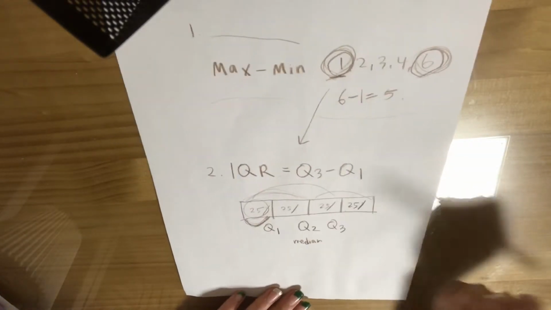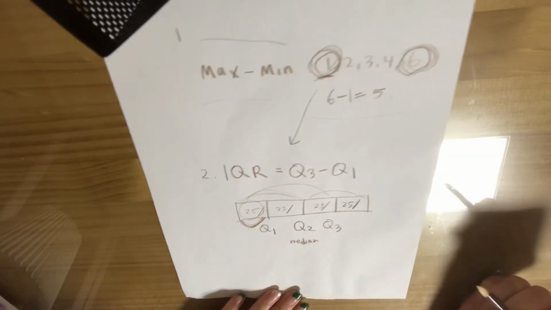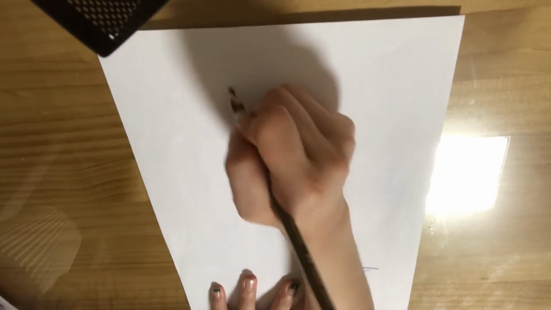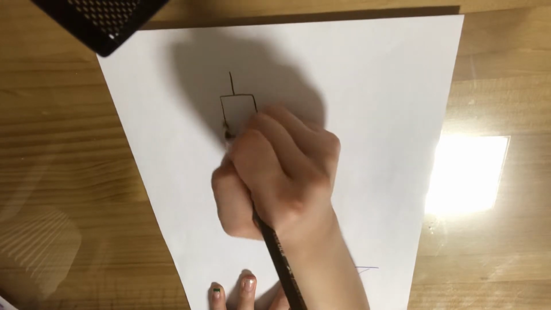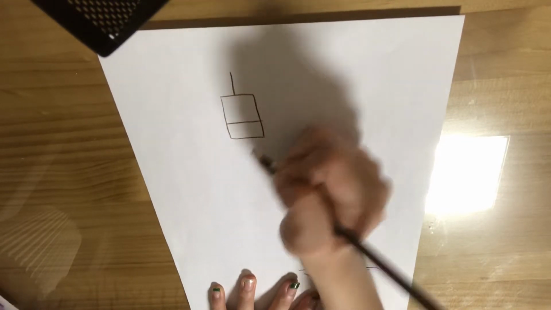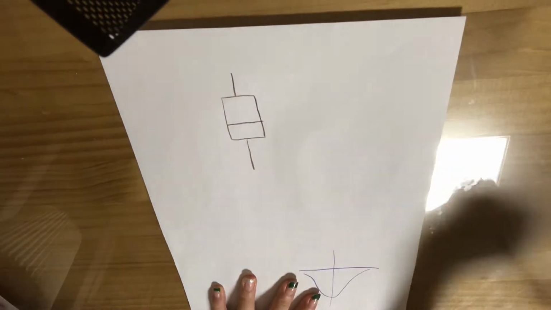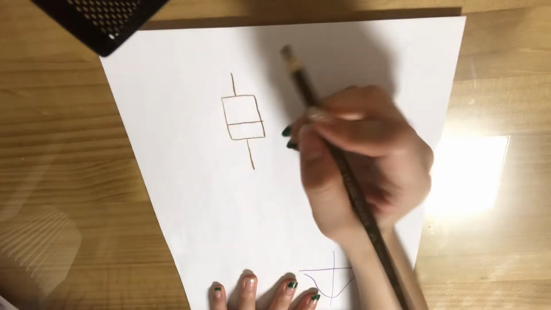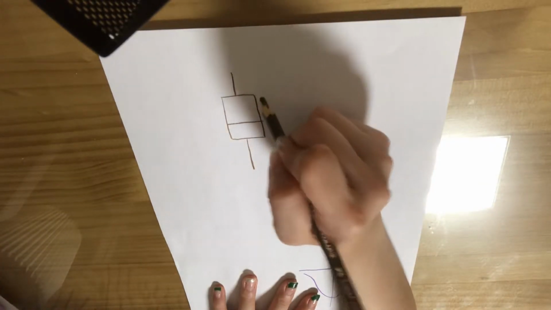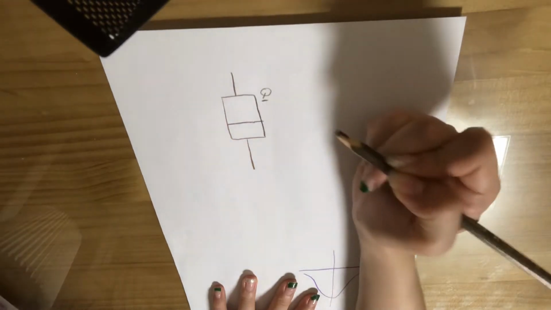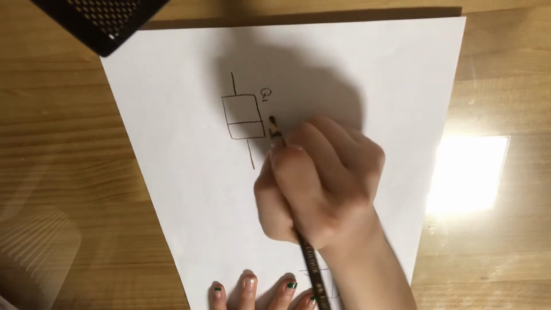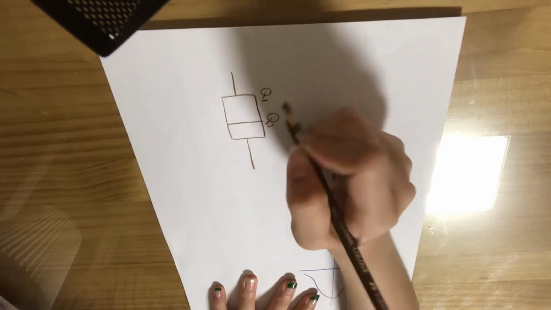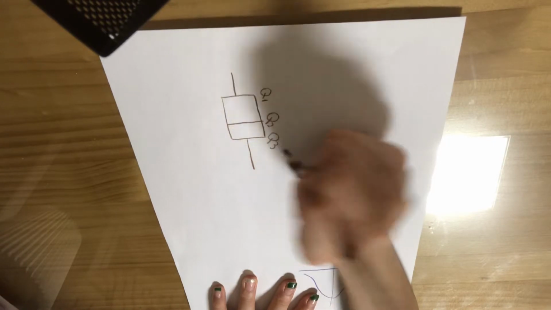This concept is very important in statistics because when we read the box plot, quartile is very useful. So here is Q1 when you draw the box plot, and here is Q2, the median, and here is Q3.